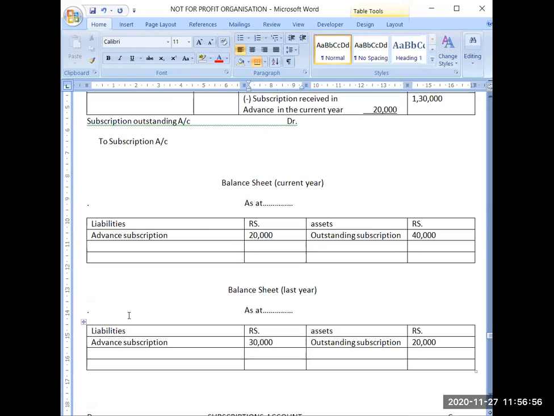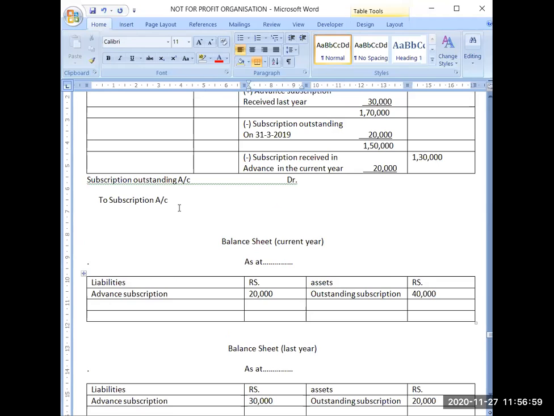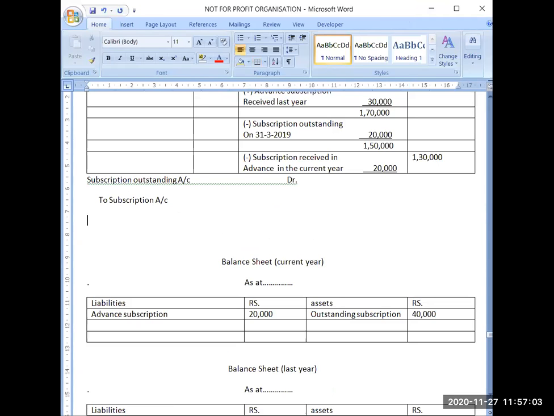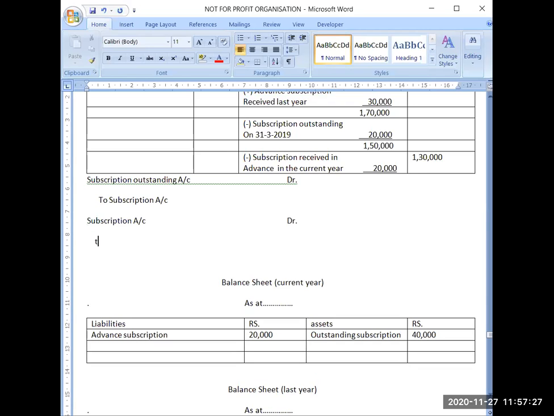Then the last year advance subscription. The journal entry would have been, because it is a liability for you, so you would do the entry subscription account debit to advance subscription.